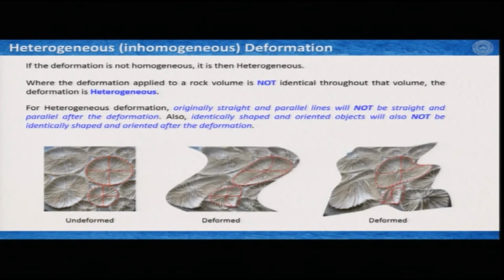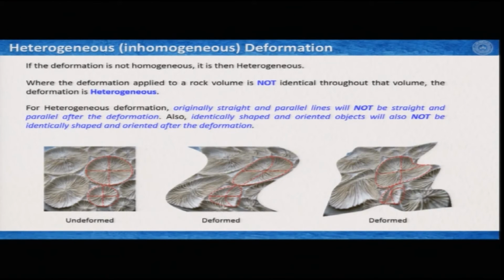For heterogeneous deformation, it is as simple as you can define it. If the deformation is not homogeneous, then it is heterogeneous deformation. People also refer to it as inhomogeneous deformation. So in a very similar way, where the deformation applied to the rock volume is not identical throughout that volume, the deformation is heterogeneous.